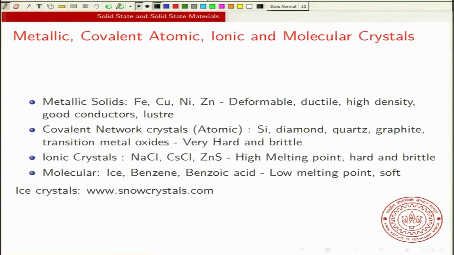And in fact historically it is to explain the properties of metals, what makes metallic solids have these properties, that a lot of the science of solid state was developed. Okay.